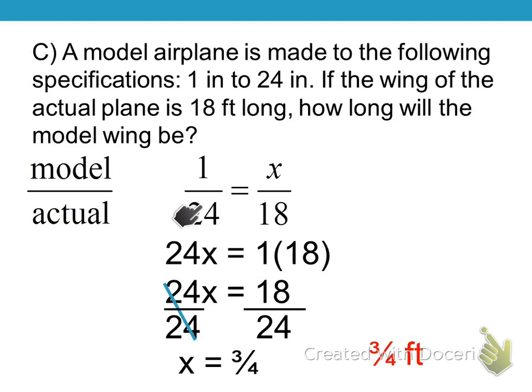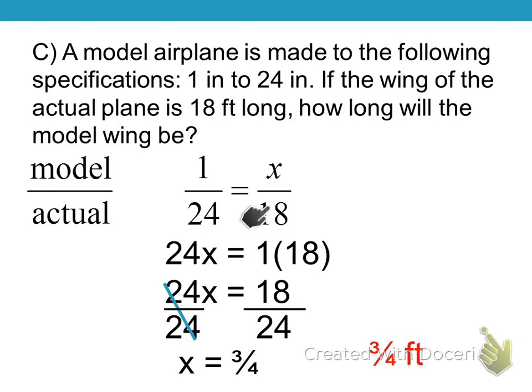It doesn't necessarily have to be the same across a proportion. So inches over inches is fine as long as you remember that whatever this unit is, that's what this unit is as well. So if you wanted to convert this to inches and then have your answer be in inches, that's fine too.